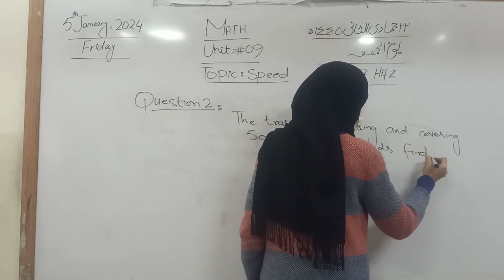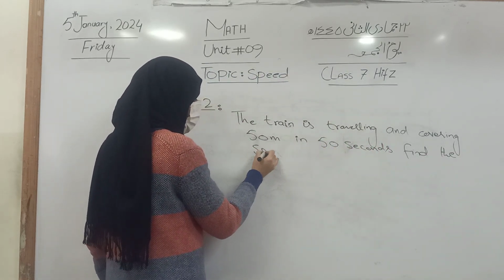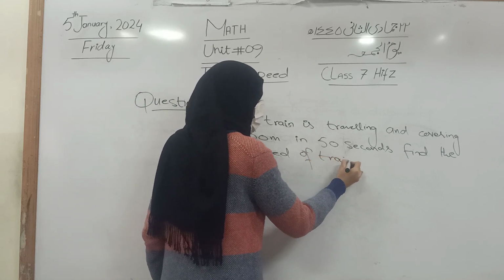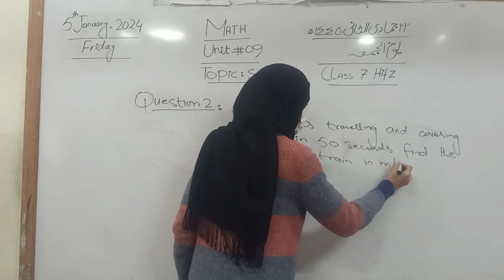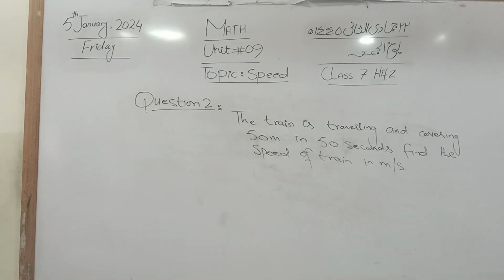Find the speed of the train in meters per second. This is the question where you have to calculate the speed of a train that is traveling and covering 50 meters in 50 seconds. Find the speed of the train in meters per second.